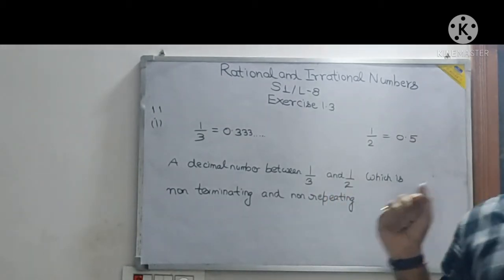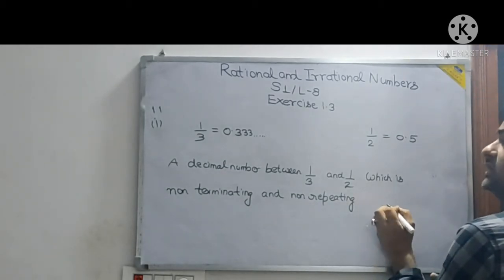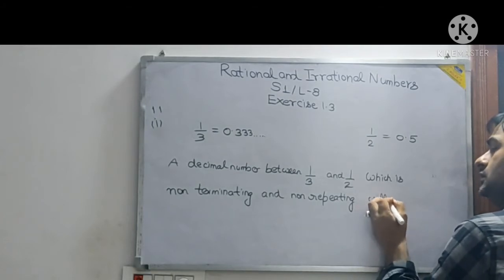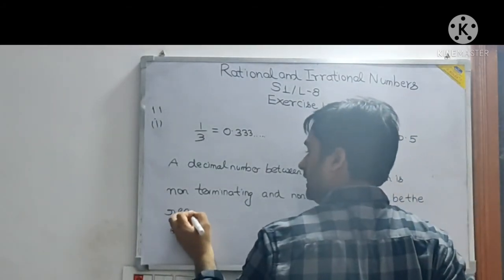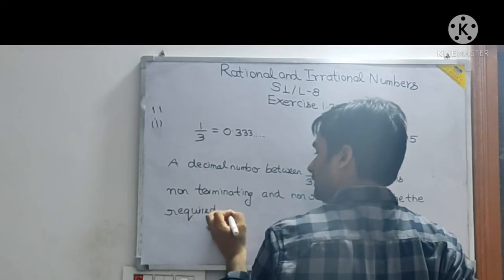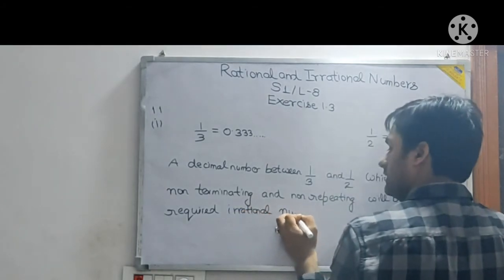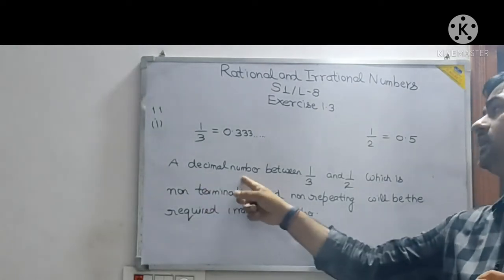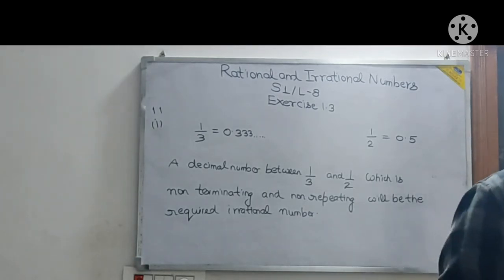This I am writing because you will understand, and you have to write this in the copy also like this only. So a decimal number between 1 by 3 and 1 by 2, which is non-terminating and non-repeating, will be the required irrational number. And how many are there?